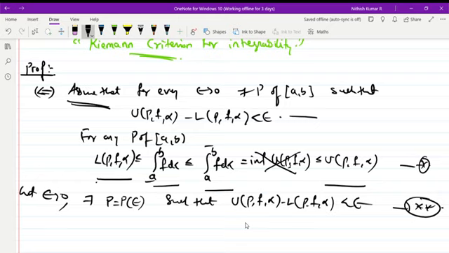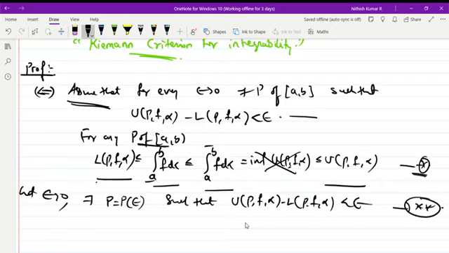The expression star holds for any partition of the closed interval [a, b]. Therefore, in particular, it also holds for the partition P of epsilon.